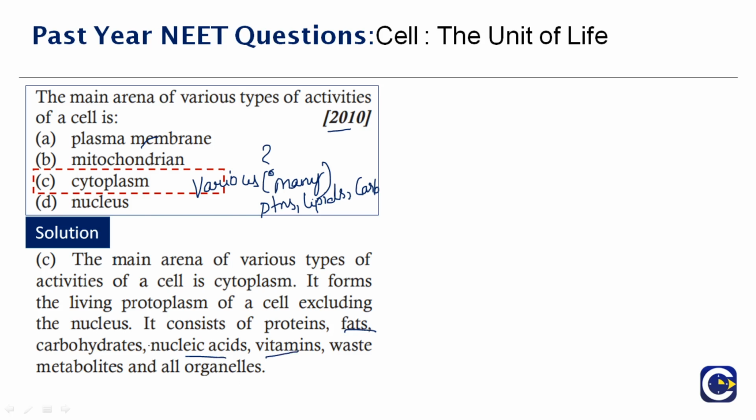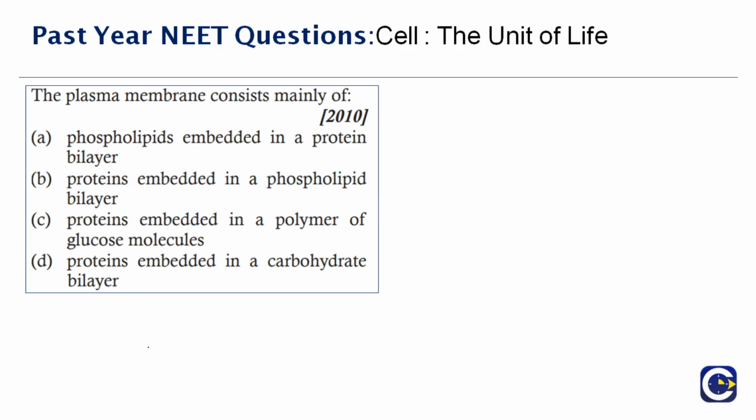Now let's move to the next question. This question was asked again in the year 2010. Let's read this: The plasma membrane consists mainly of dash. We all know the plasma membrane is a very important membrane of the cell, and it contributes to a lot of activities and helps in the cellular functions.